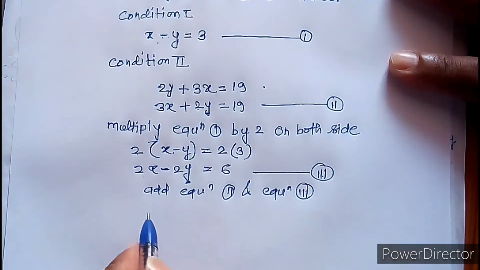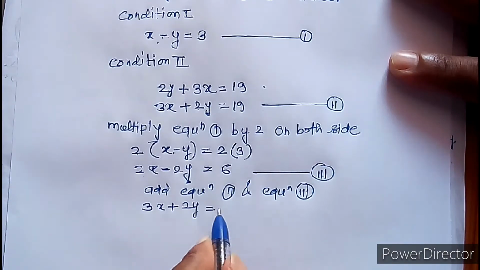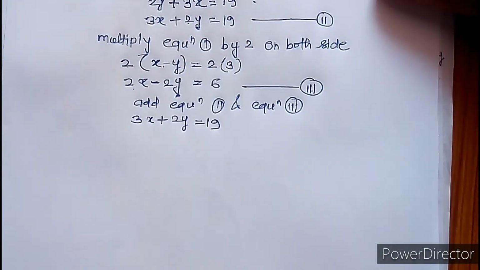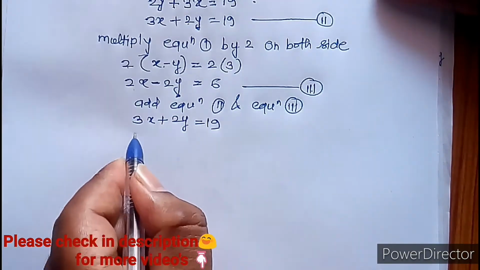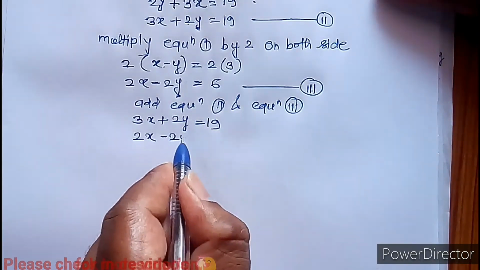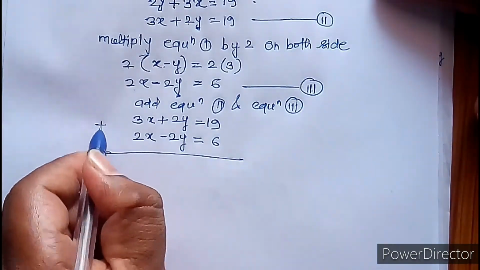Now add equation 2 and equation 3. Equation 2 is 3x plus 2y equals 19, and equation 3 is 2x minus 2y equals 6. We have to add, so give the plus sign.